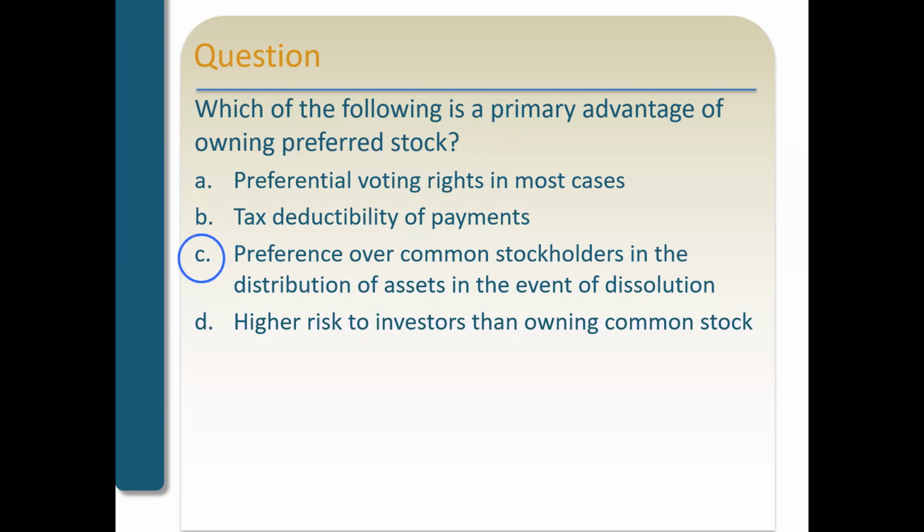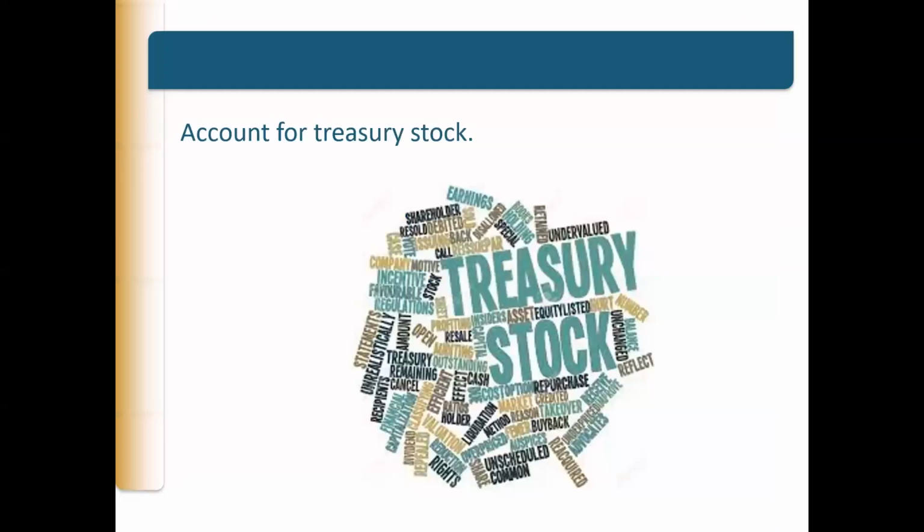Perfect. C is correct. It is going to be preferential treatment over the common shareholders if there's a dissolution of assets. Now, all of the liabilities would have to be, of course, paid first.